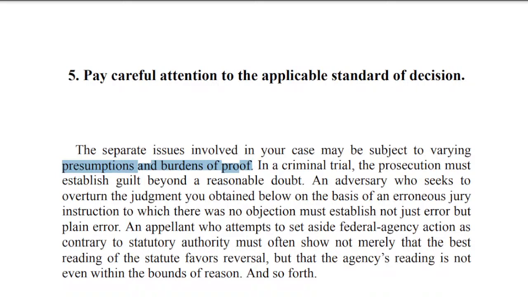All right, let's continue. In a criminal trial, the prosecution must establish guilt beyond a reasonable doubt. An adversary who seeks to overturn the judgment you obtained below on the basis of an erroneous jury instruction to which there was no objection must establish not just the error, but the plain error.